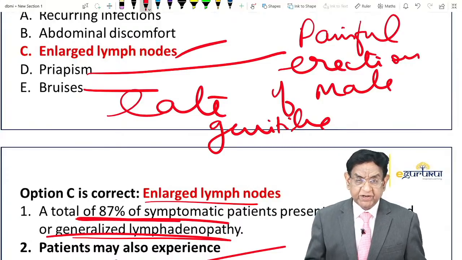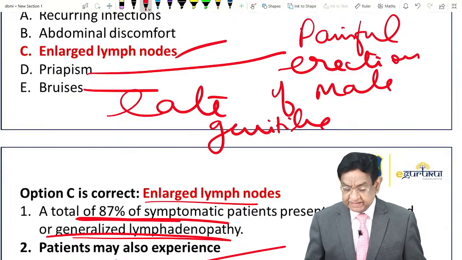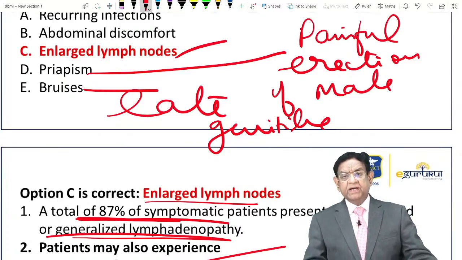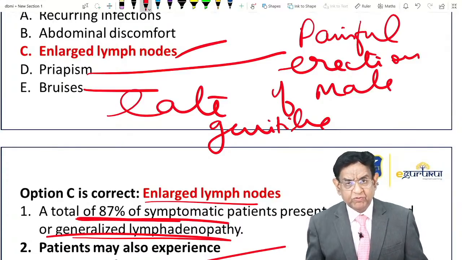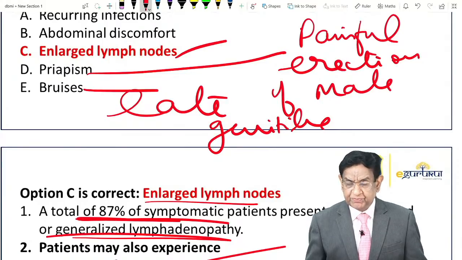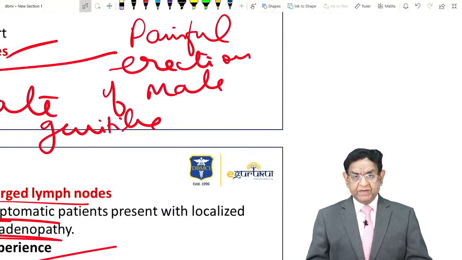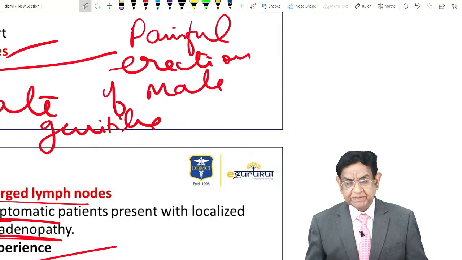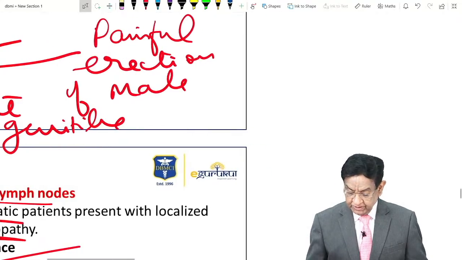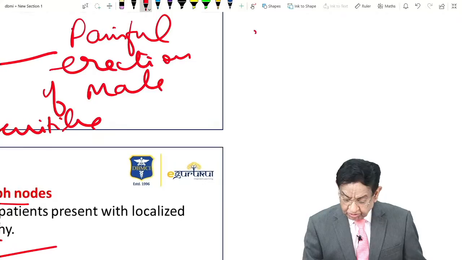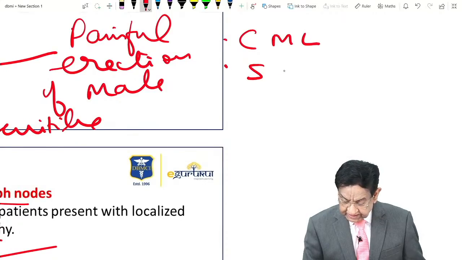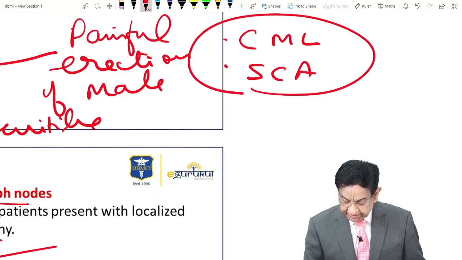Write down the answer in your copy. You get 15 seconds to think and write. And those of my dear friends who will be watching the recorded video must stop the video before you answer to write the answer. Quickly write down. In which hematological condition do you get priapism? Well, the answer is chronic myeloid leukemia and sickle cell anemia.